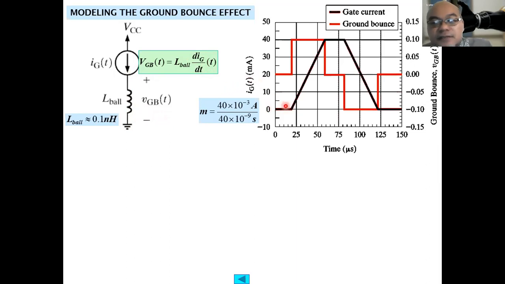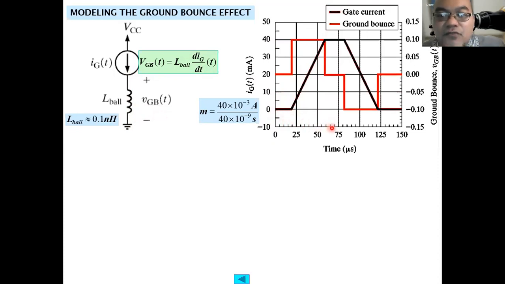So from here, for example, we have the di/dt here, this black one. The change is from 0 to 40 milliampere, and the time required is from here to here. This is about, I think, 60 to 20, from 20 microsecond to 60 microsecond.